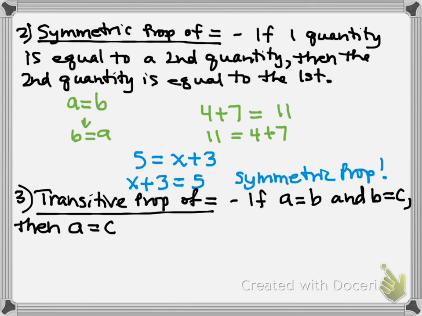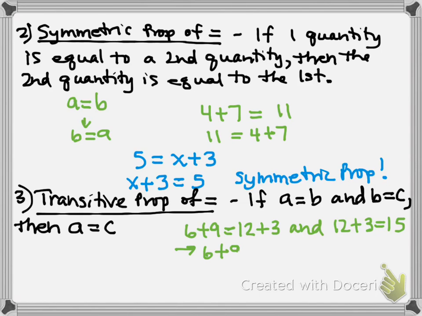So let's say you had 6 plus 9 equals 12 plus 3, and you know that 12 plus 3 equals 15. So if 6 plus 9 is the same as 12 plus 3, and 12 plus 3 is the same as 15, what would our conclusion be?